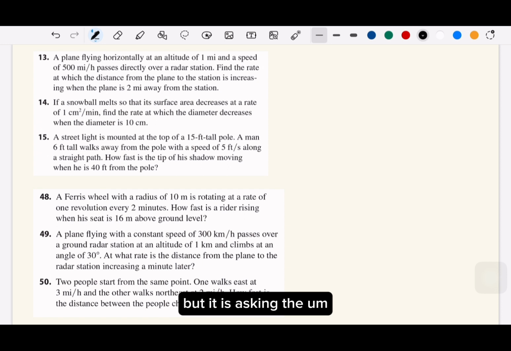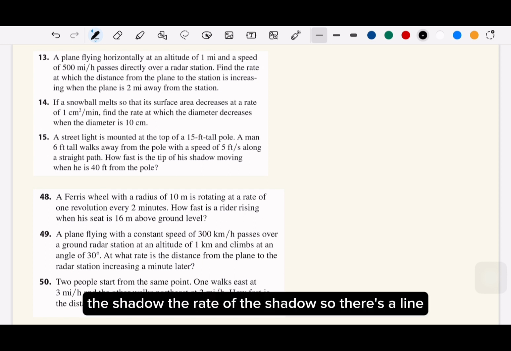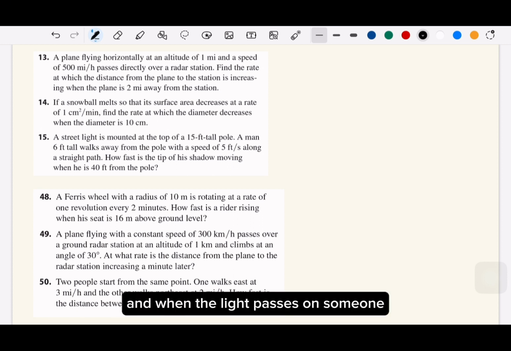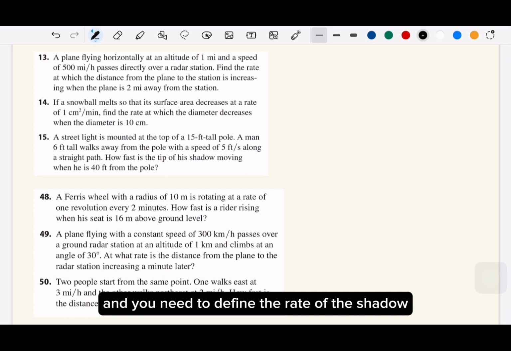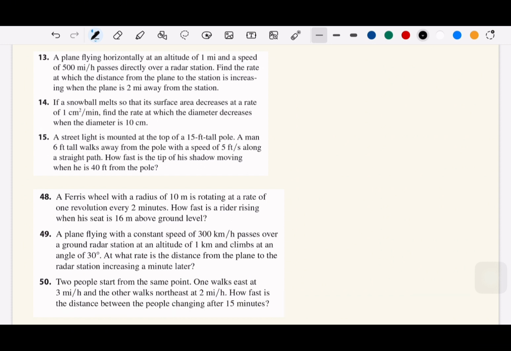but it is asking the rate of the shadow. So there's a line, and when the light passes on someone, you have your shadow, right? And when someone is walking, the shadow also moves, right? And you need to define the rate of that shadow.